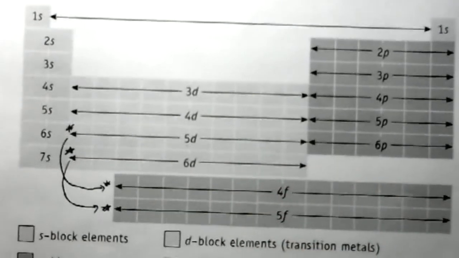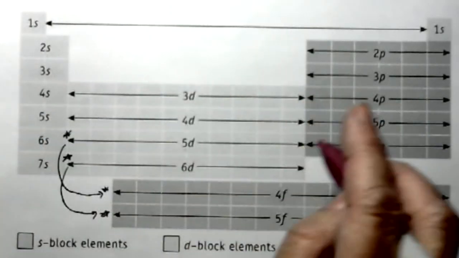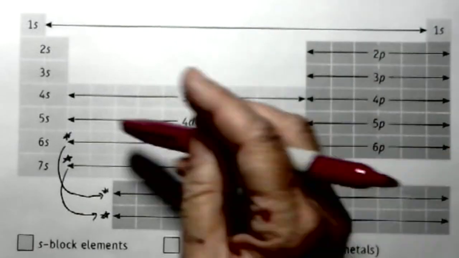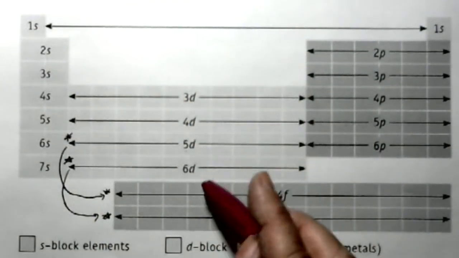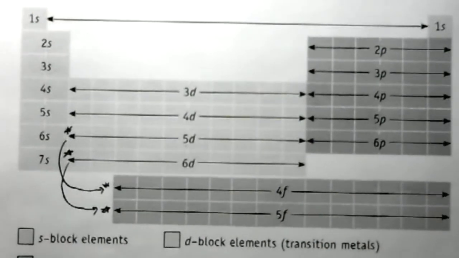I can use this periodic table and I don't even have to have these numbers on it, because I can find them by the row number they're in, or 1 less than the row number, or 2 less than the row number. So we're going to use this to write an electron configuration for a medium-large atom.